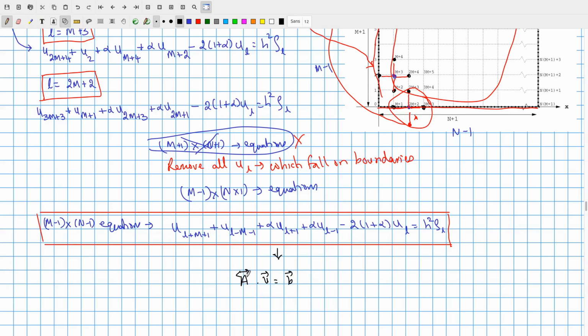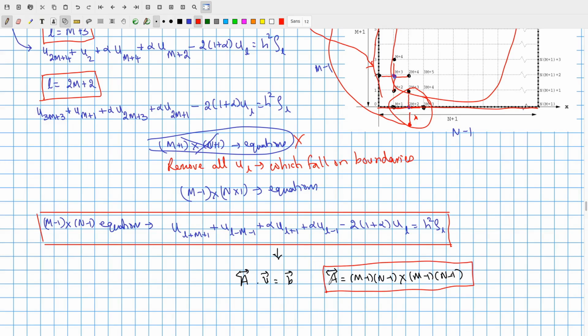So the dimension of this matrix A, when you write it in matrix form, is going to be m minus 1 into n minus 1 by m minus 1 into n minus 1. And this is a challenge: how are we going to handle this matrix?